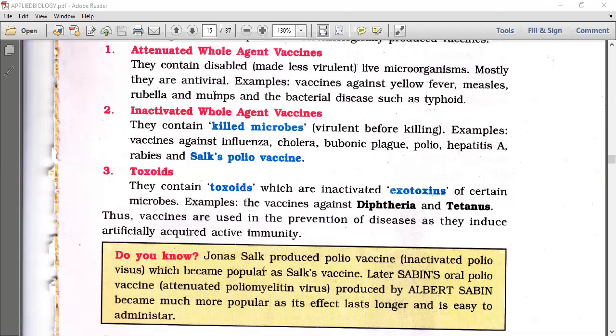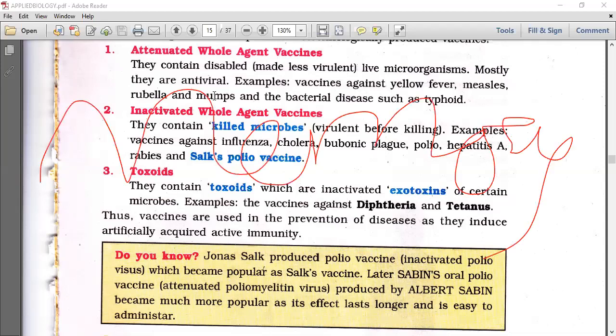This is very important, whatever the vaccine is. Tetanus and diphtheria are the toxoid vaccines. These vaccines are used in the prevention of diseases as they induce artificially acquired active immunity. Technically, what I said is artificial active acquired immunity.